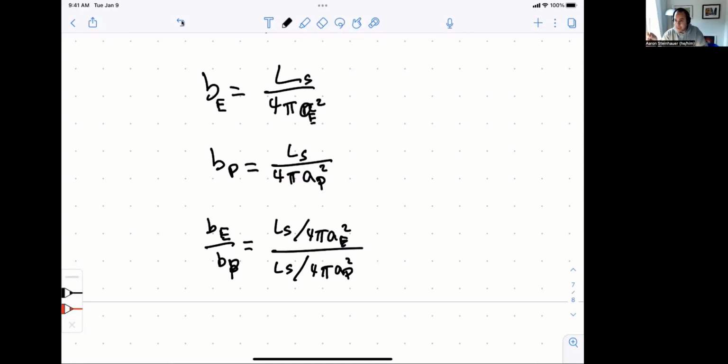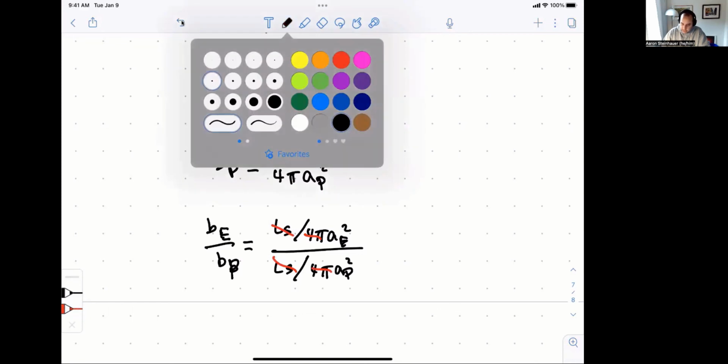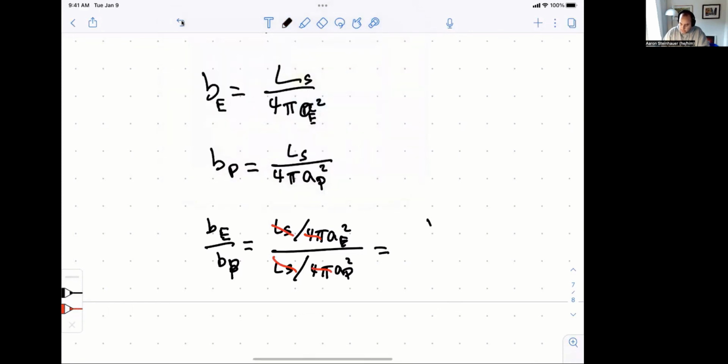The power of taking ratios is that a lot of this stuff just goes away, right? The luminosity of the sun is the same on top and bottom, so I can cancel those out. The 4 pi is the same on top and bottom, so I can get rid of those too. So what do I have? I have 1 over AE squared divided by 1 over AP squared. Well, that's weird.